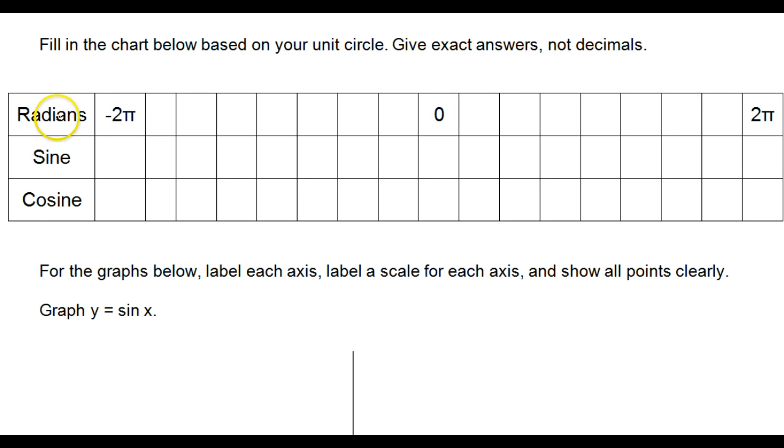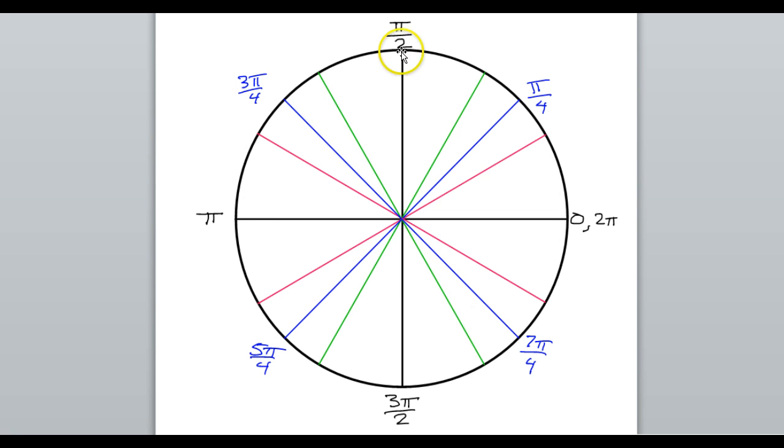Where we do the x-axis, the x values are going to be the angles. So let's start from 0. On this side we're going to look from 0 to 2 pi like we were just seeing on the unit circle. If I went halfway, that's going to be pi. So let's put pi right here.